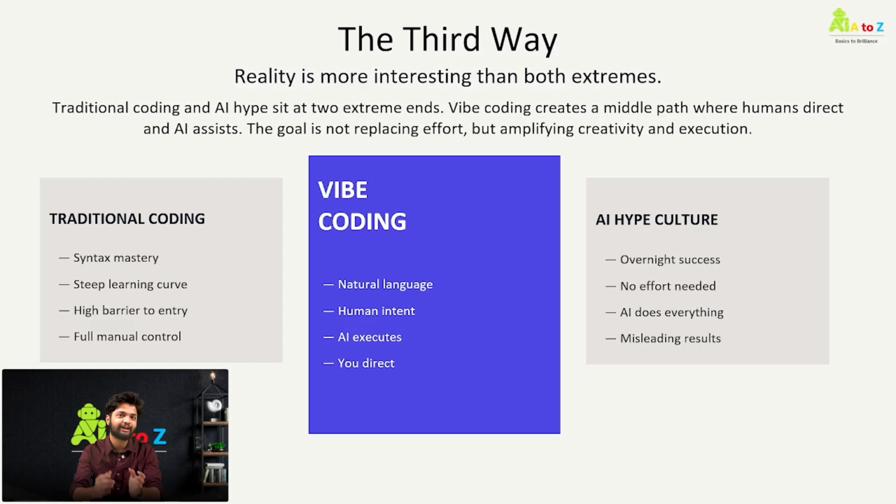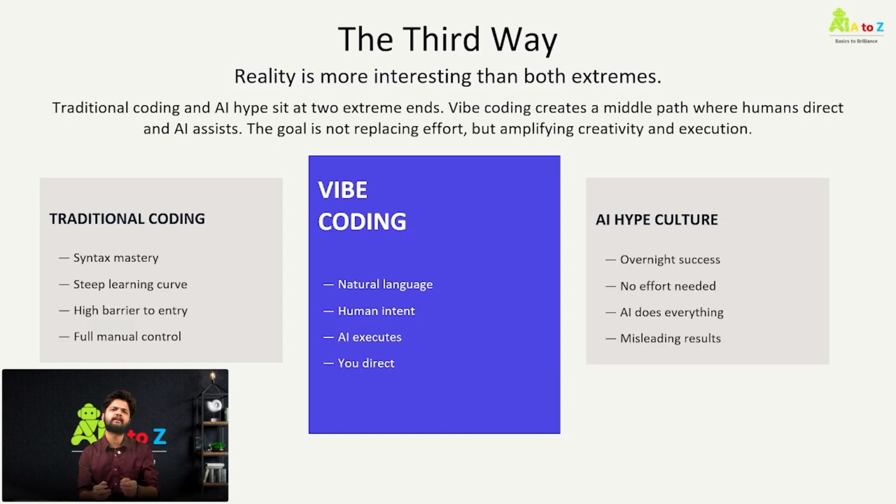Traditional coding gives developers a high level of control, but it also comes with a steep learning curve and a higher barrier to entry. At the other extreme, AI hype creates the impression that software can be built effortlessly, that AI does all the work and that success happens overnight. But most real products are built somewhere between those two extremes. And this is where vibe coding fits in.